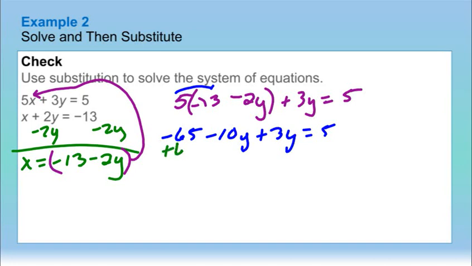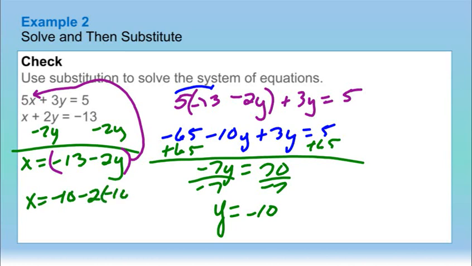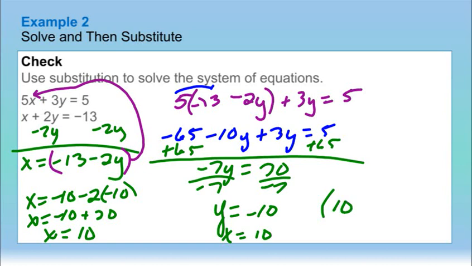Combine like terms, and add 65 on both sides first, and I get negative 7y equals 70. Divide by negative 7, y would equal negative 10. Plug that in, x equals negative 10 minus 2 times negative 10, which will give us x equaling negative 10 plus 20. X would equal 10. So our ordered pair would be 10, negative 10.